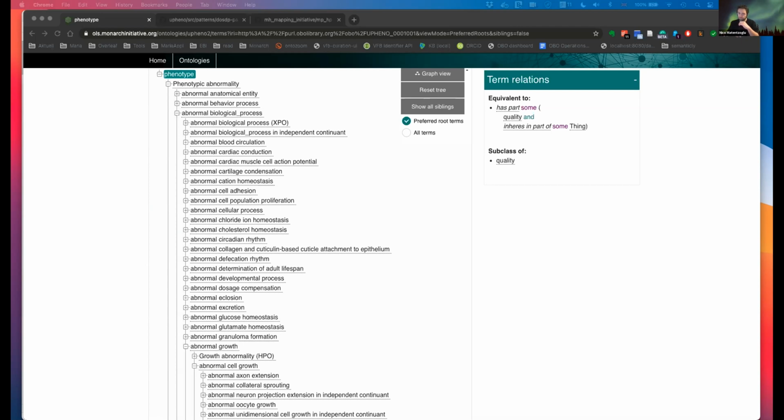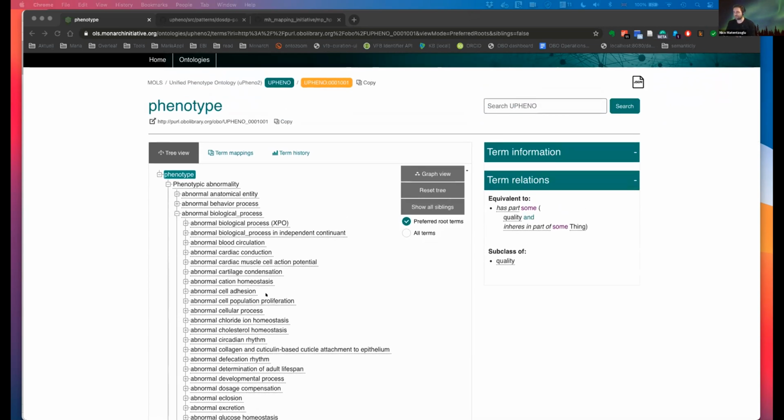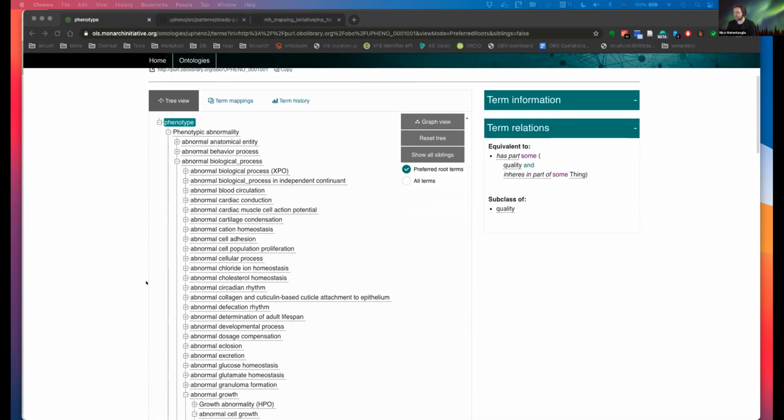And so you can see, even if you look at the ontology in a tree form, it's just kind of an abstraction of what actually is all in it, but it's, I think, a useful one. So what you should think of UPheno to be is basically an ontology that is currently focused on phenotypic abnormalities.